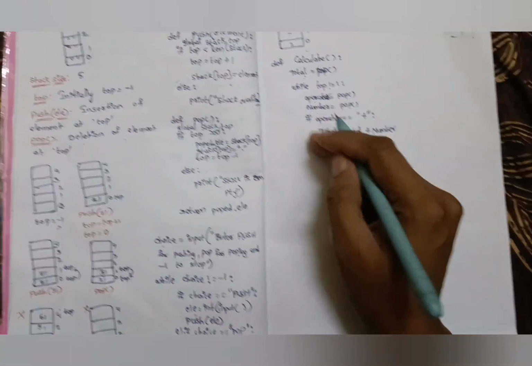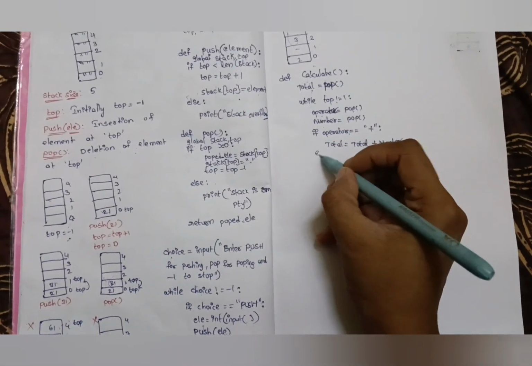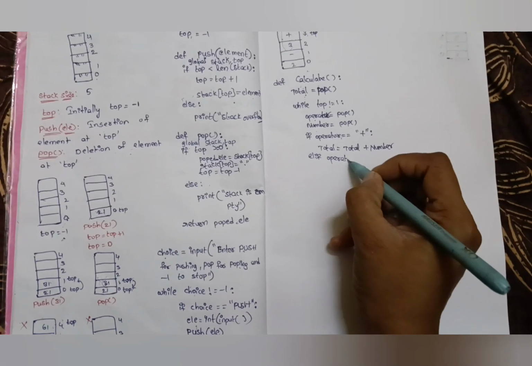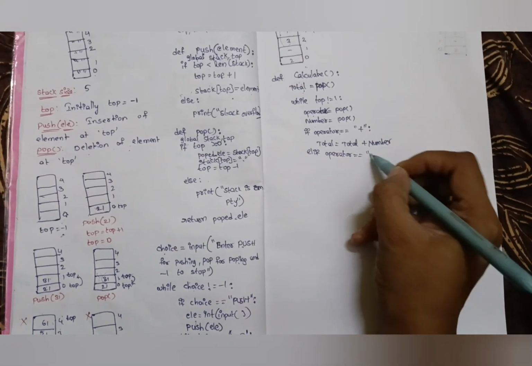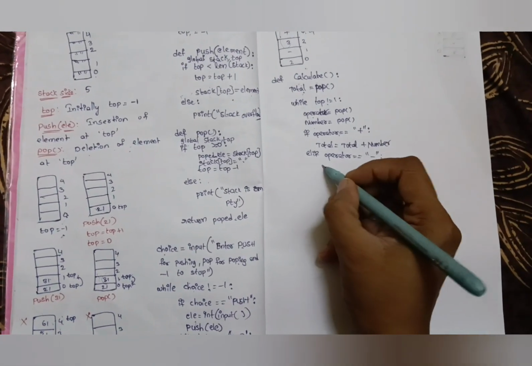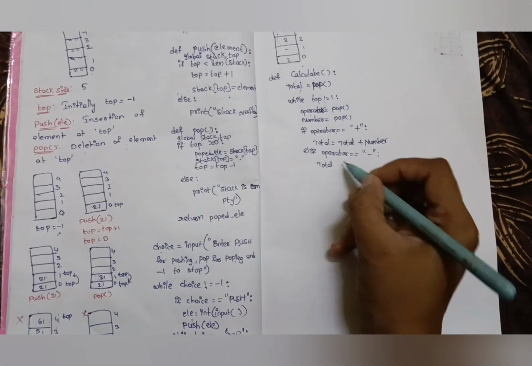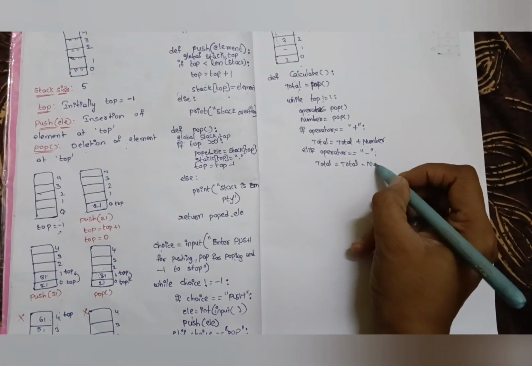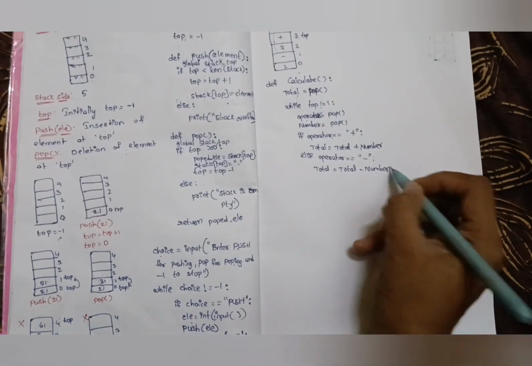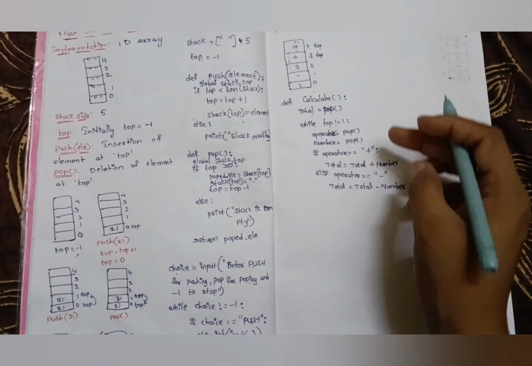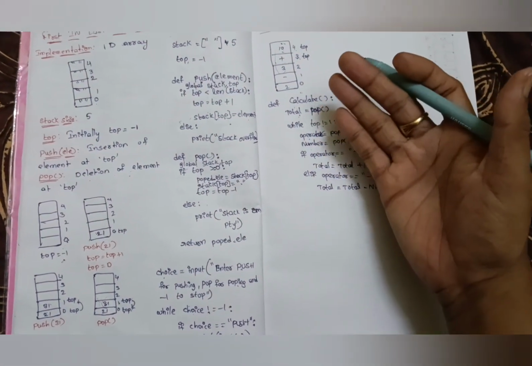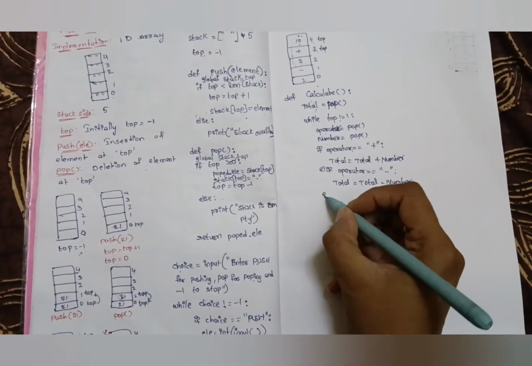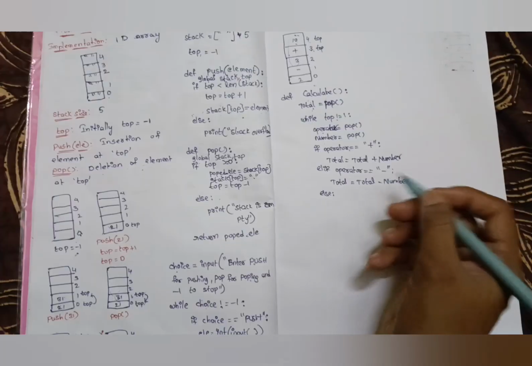Then total will be the new total. If operator is equal to minus, then we have to perform the minus operation. Total is equal to the previous total minus the number. If you are having a few more operators, then we have to write elif statements accordingly, and let me end this with an else with nothing.